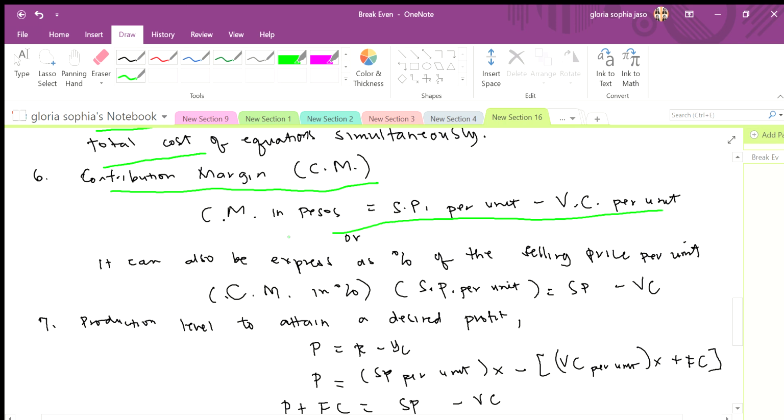Okay, so this is the equation. It can also be expressed as a percentage of the selling price per unit, or CM in percent times selling price per unit, which equals selling price minus variable cost.